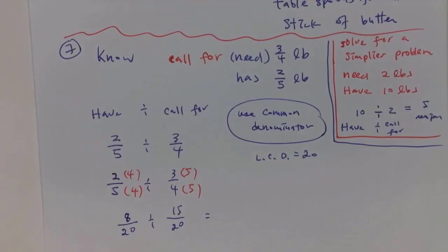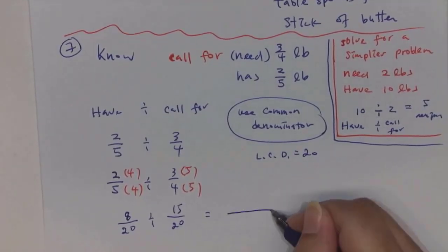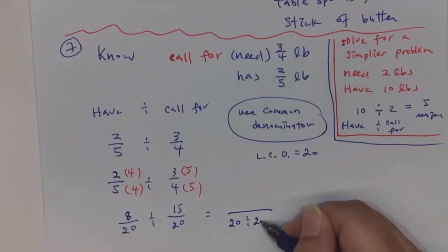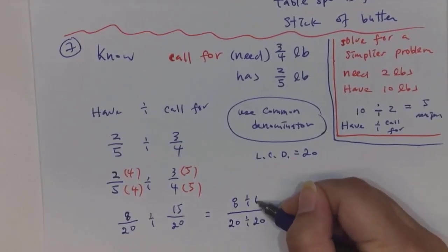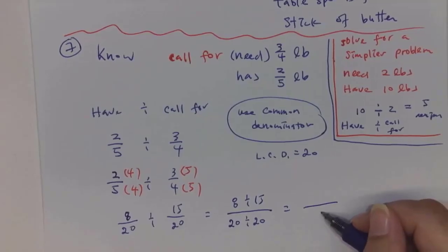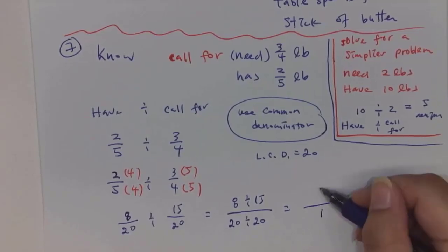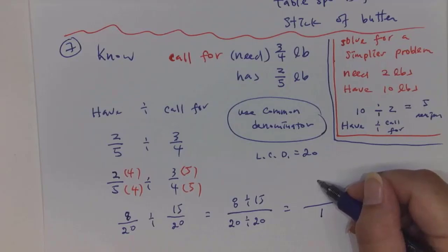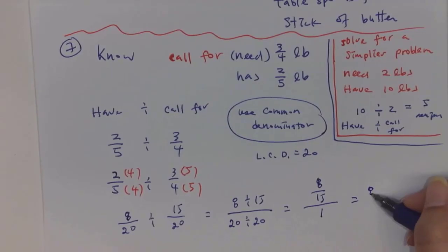So once you have the same denominator, we're going to divide straight across. So 20 divided by 20, and 8 divided by 15. So the bottom part becomes 1. The top part is 8 over 15. So 8 over 15 is my answer, right?